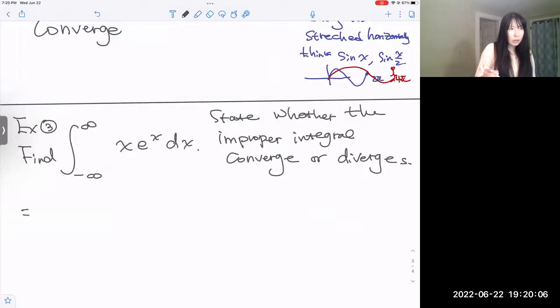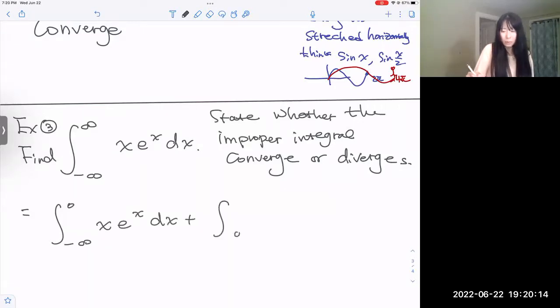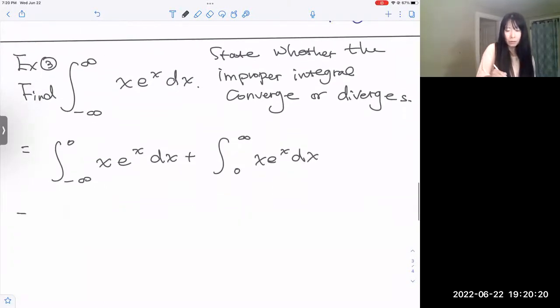All right. So this will be the integral from negative infinity to 0 of x e^x dx plus the integral from 0 to infinity of x e^x dx. Now we take the limit.